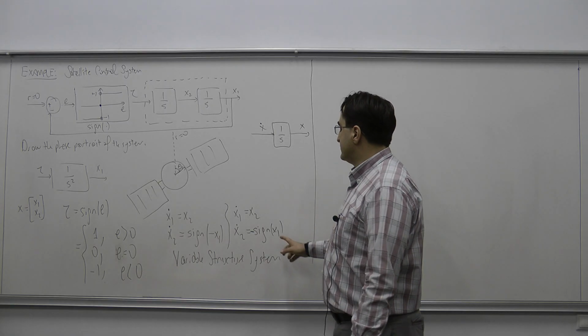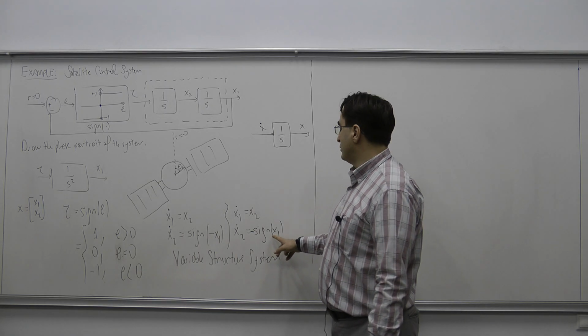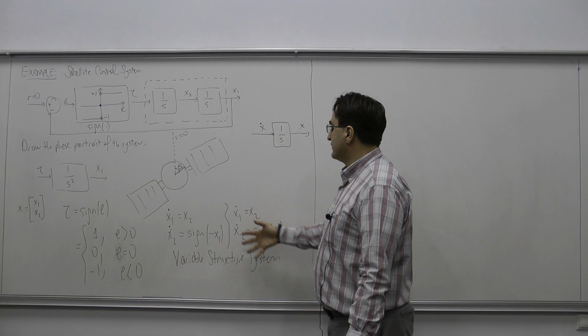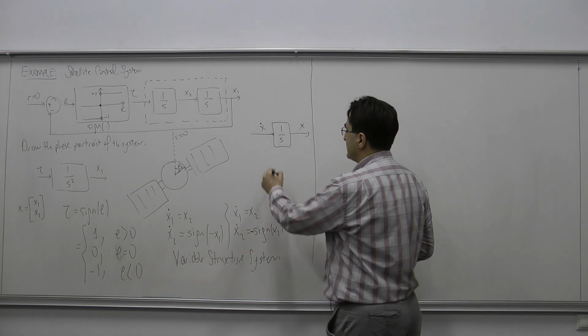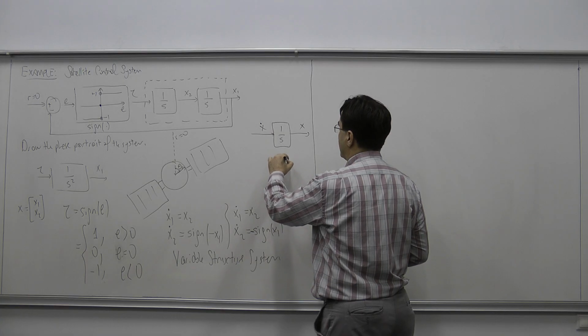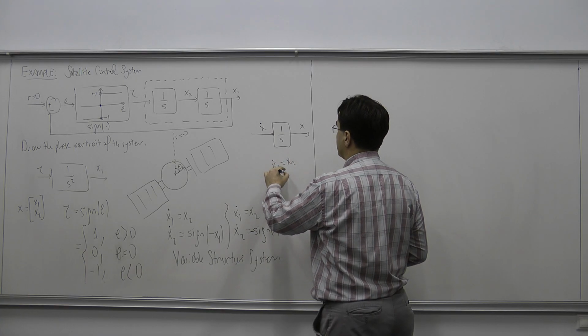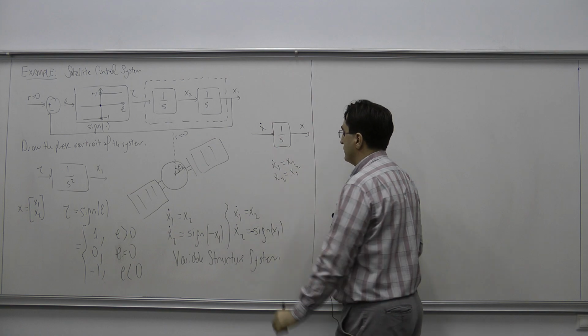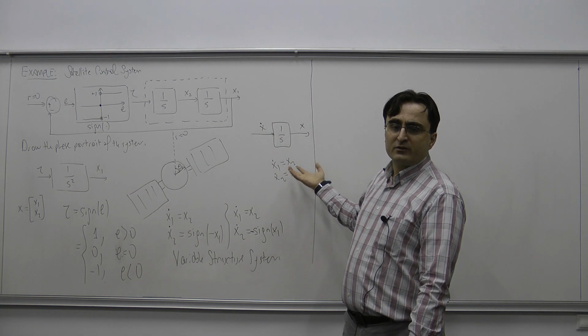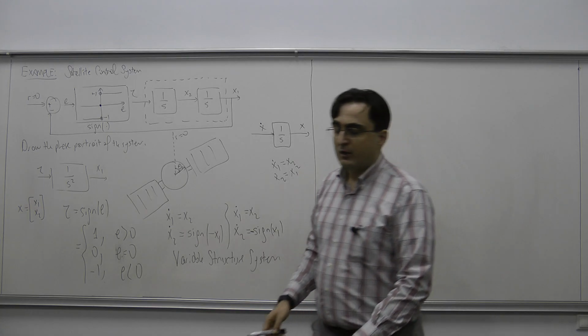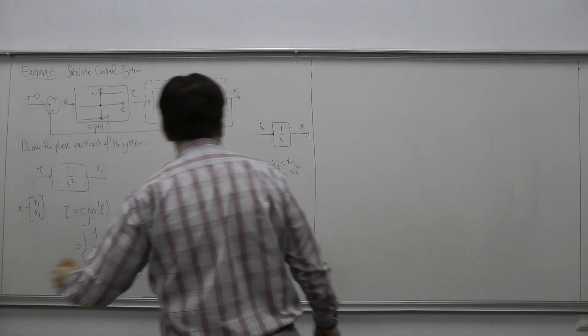It means that depending on some state variables, the structure of the system can change. Okay? For example, this is not a variable structure system: x1 dot is equal to x2, x2 dot is equal to x1 squared. Depending on the sign of the state variable, the structure of the system does not change.